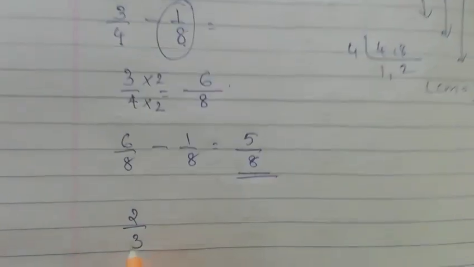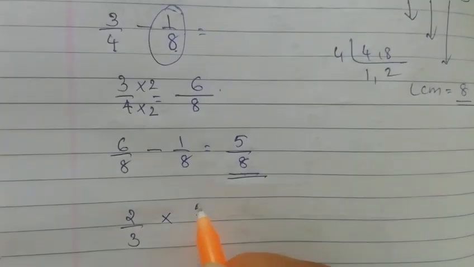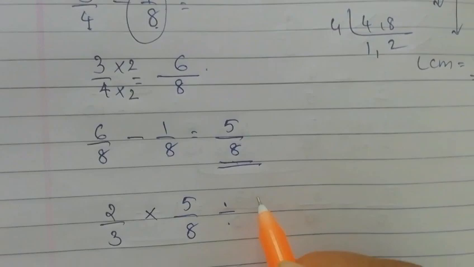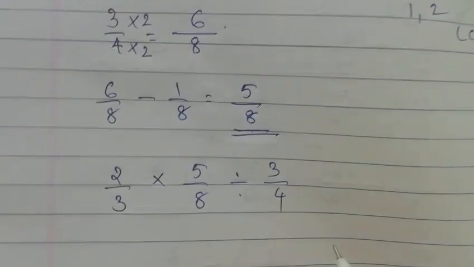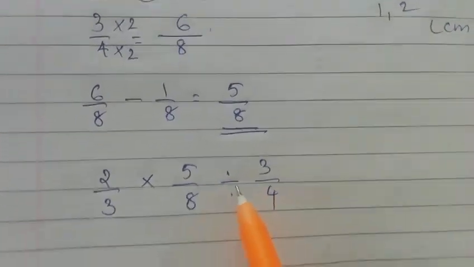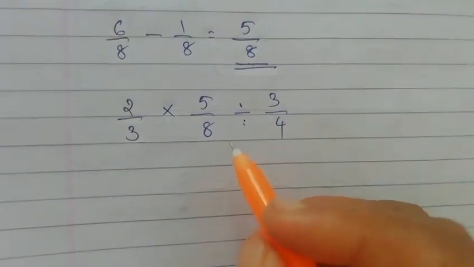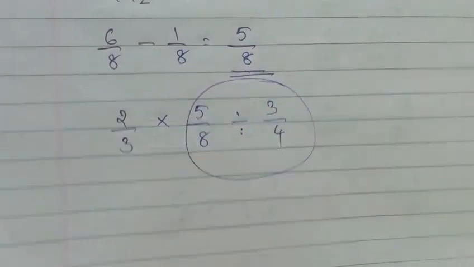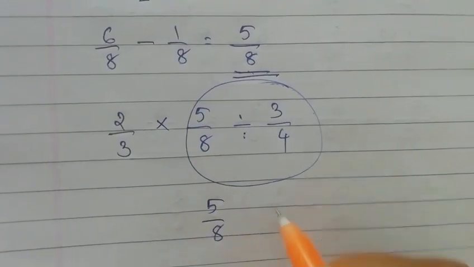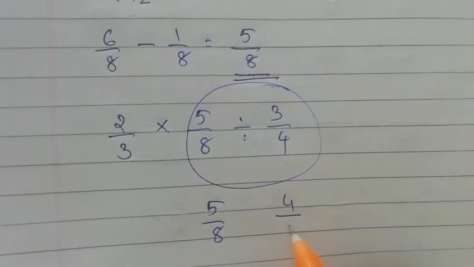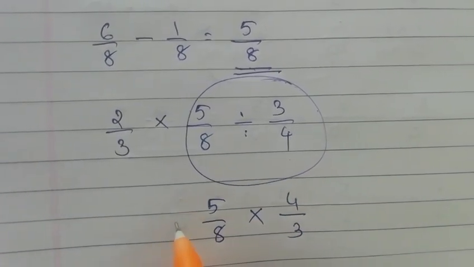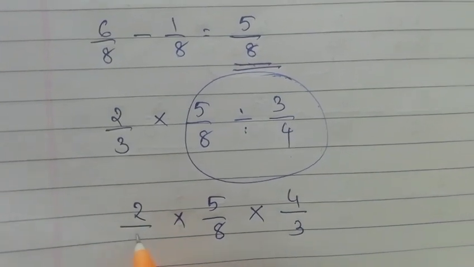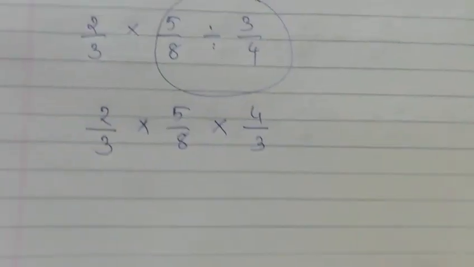That is 2 by 3 into 5 by 8 divided by 3 by 4. Next, division we have to do. That means 5 by 8, take the reciprocal of 3 by 4, which is 4 by 3, and multiply. Left side number is 2 by 3.